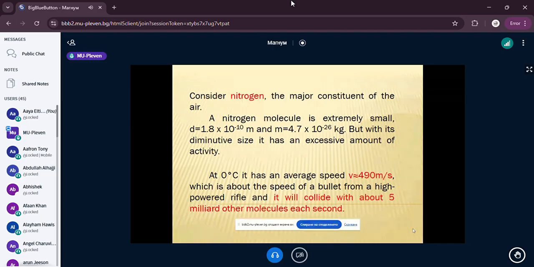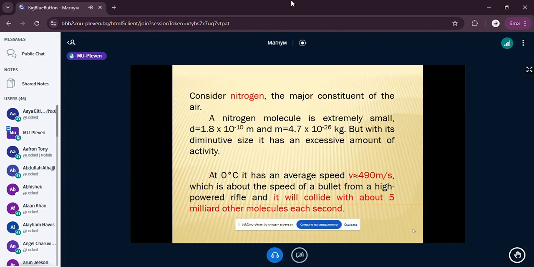So the mass, you can see, is very small, 10 power minus 26, point 504 kilograms. So small is the mass of this molecule, and the diameter also is about 10 to the minus 10 meter.